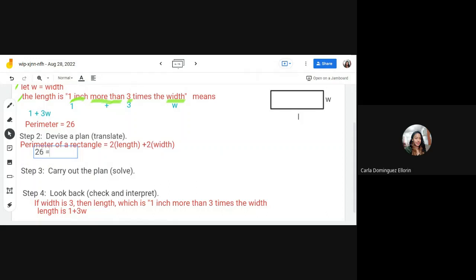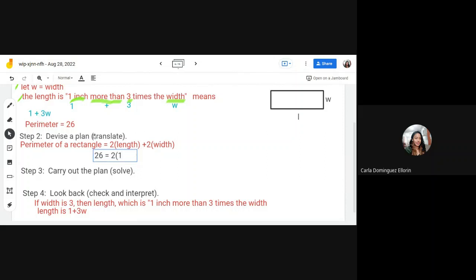It is given that it is 26, and then equals 2 times the length. What is our length? Our length is 1 plus 3W.